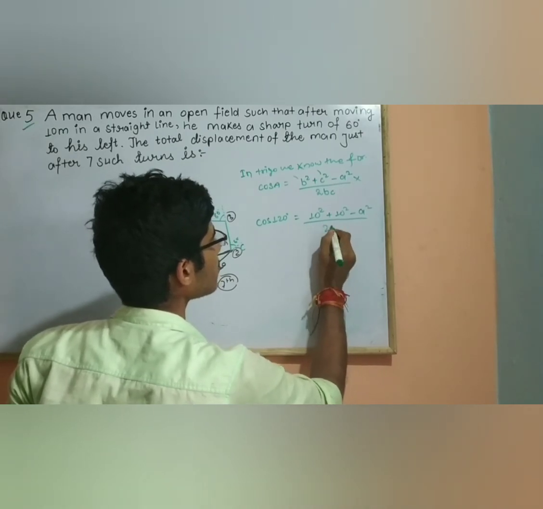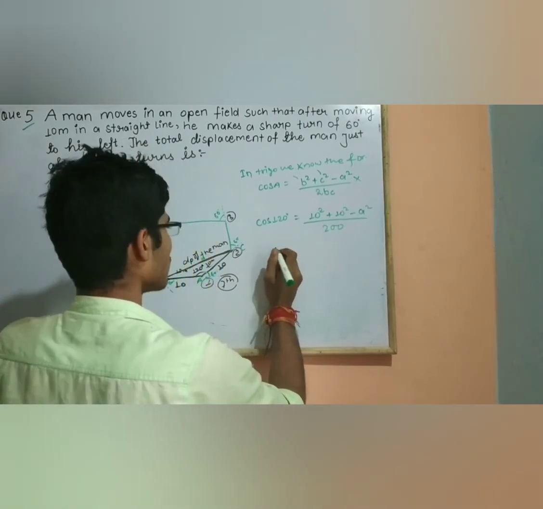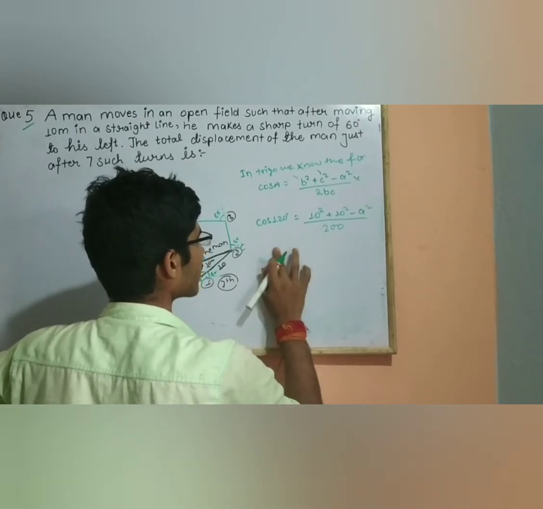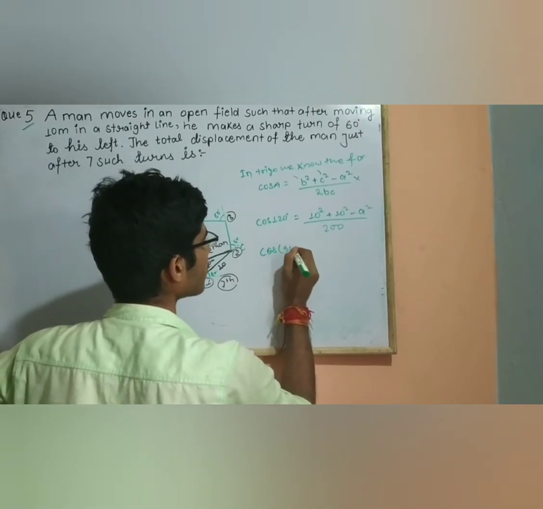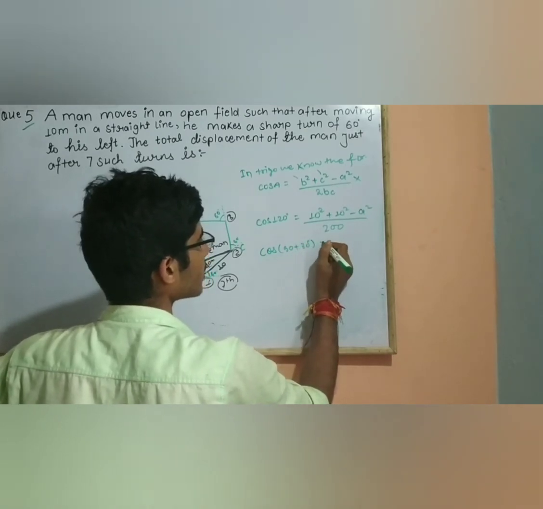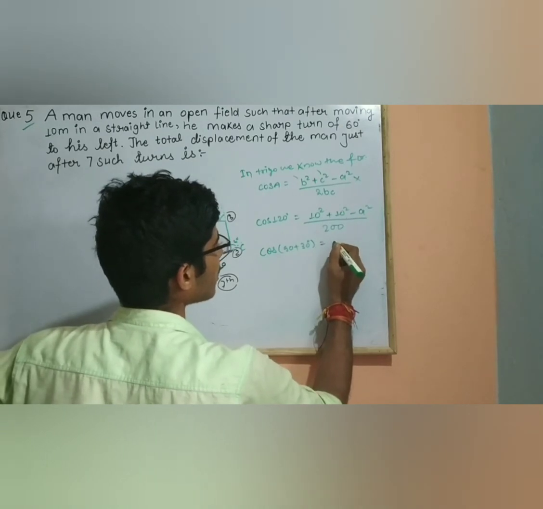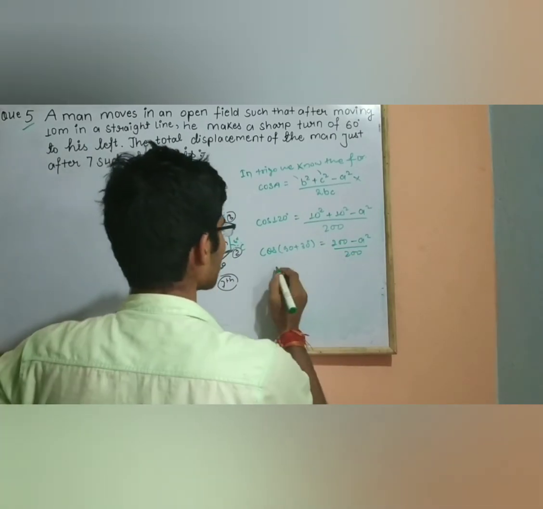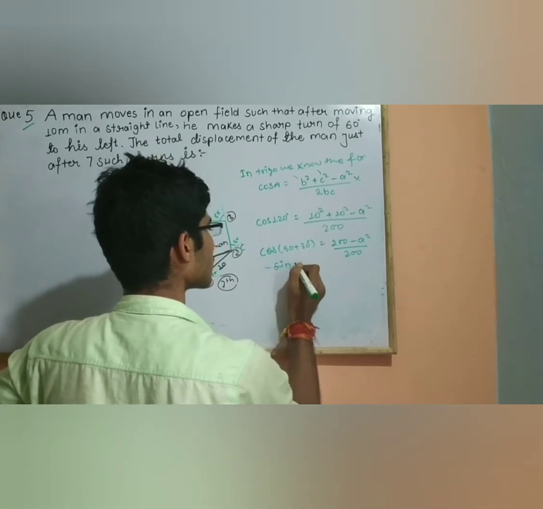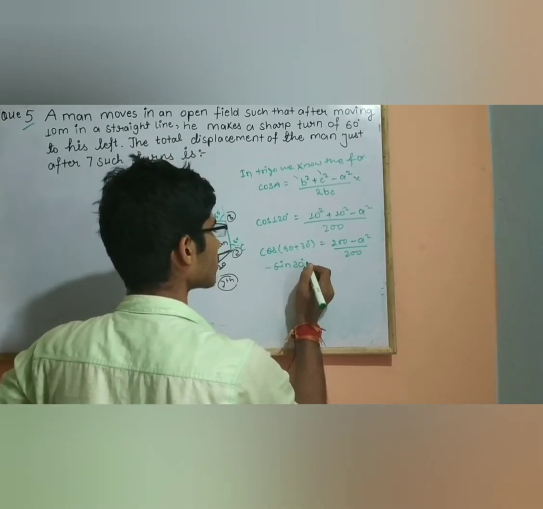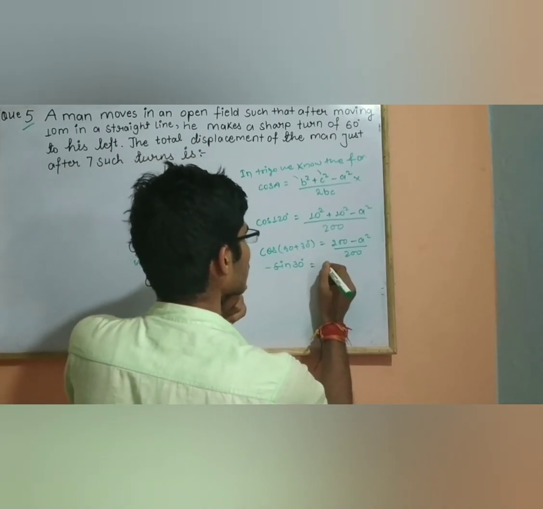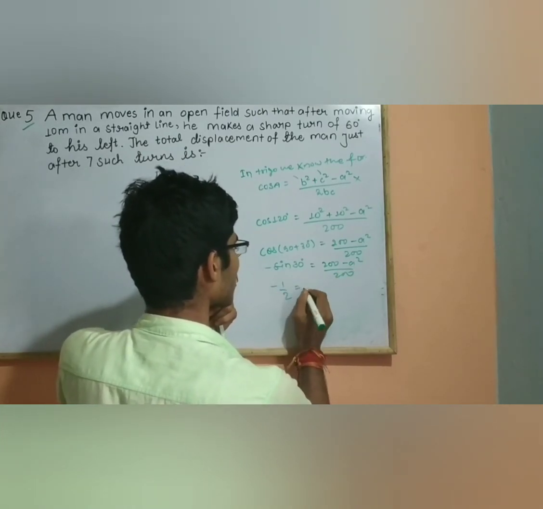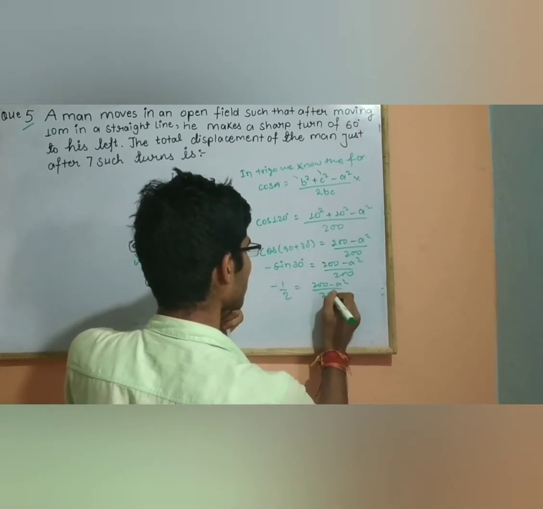This will be 200 minus A square upon 200. We can write cos 120 degrees as cos of 90 plus 30 degrees, and this will be minus sin 30 degrees, which is minus half, equal to 200 minus A square upon 200.